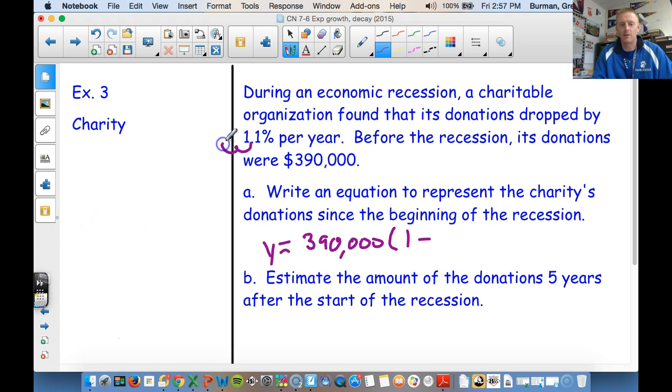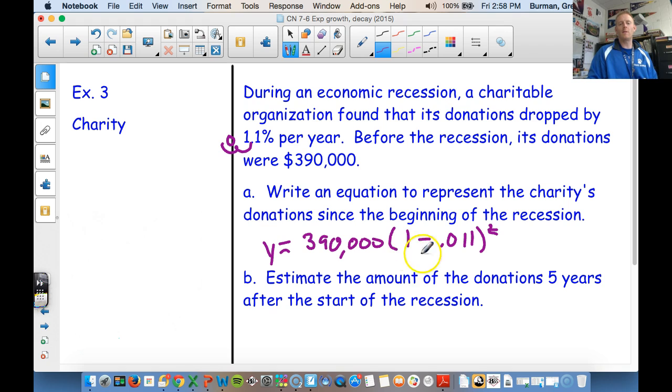So 2 times to the left, we got 0.011. So 1 minus 0.011, and then we're going to have that to the t power.